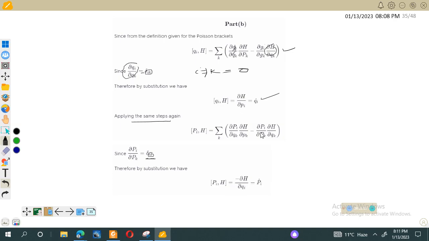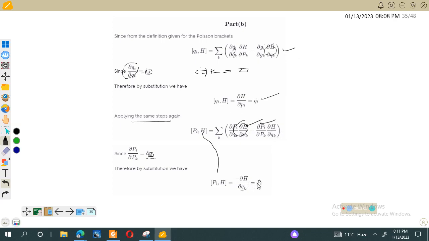So when i is equal to k, the first term goes to 0 because H does not depend upon pk, and for the minus term, the partial pi over partial pk goes to 1 and partial H over partial qk is left as it is.